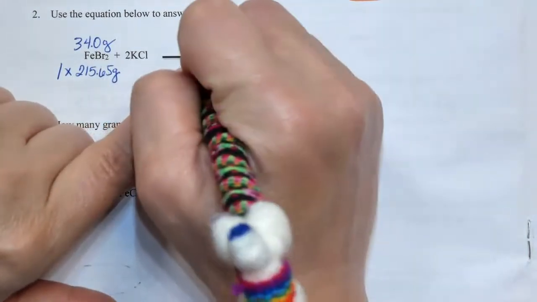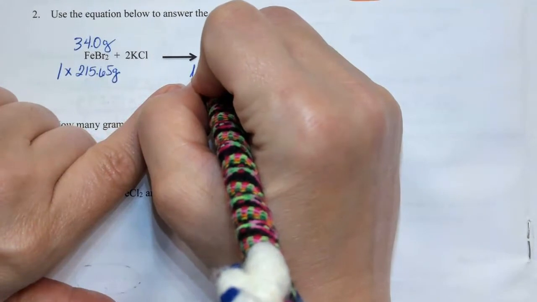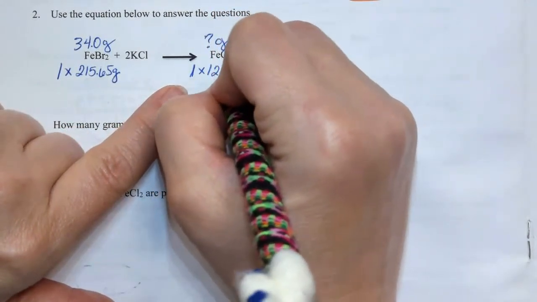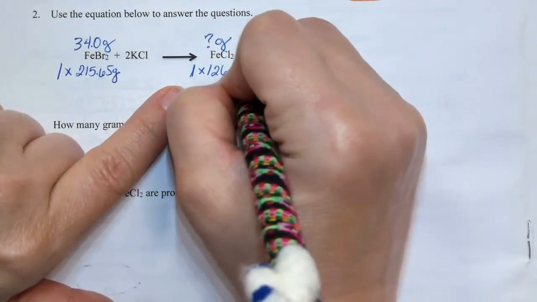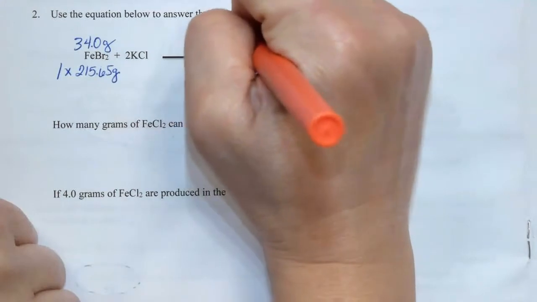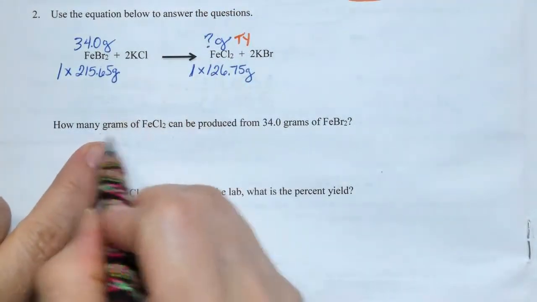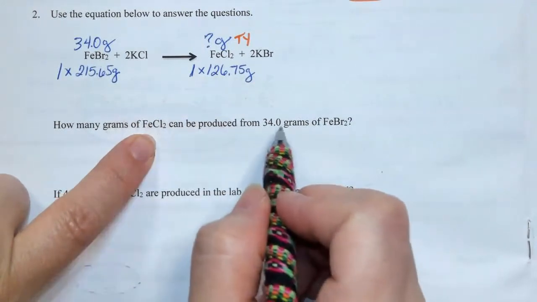And then over here, I'm going to put the coefficient times the mass of iron 2 chloride from the periodic table, 126.75 grams. So what they're asking me to solve for is the theoretical yield of iron 2 chloride in grams.